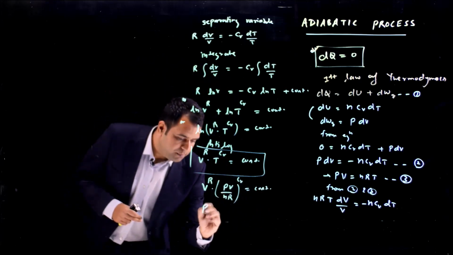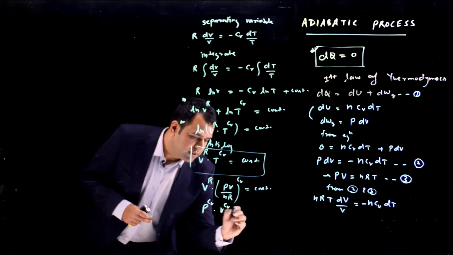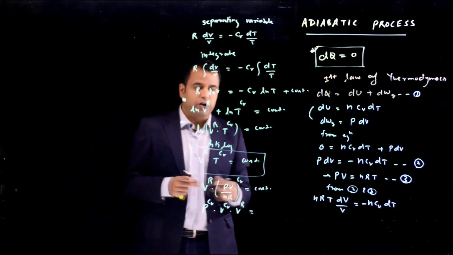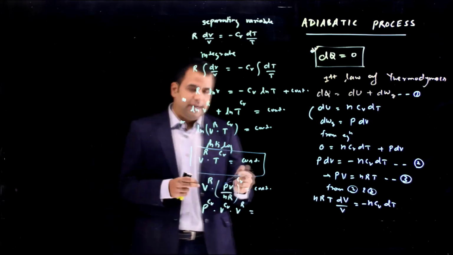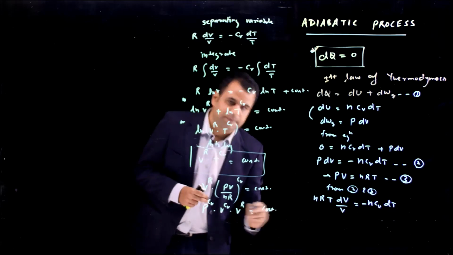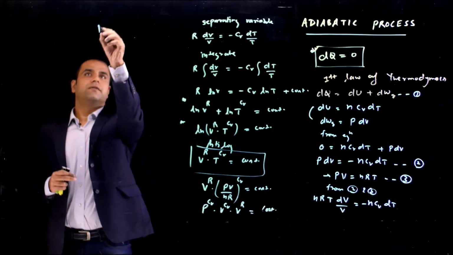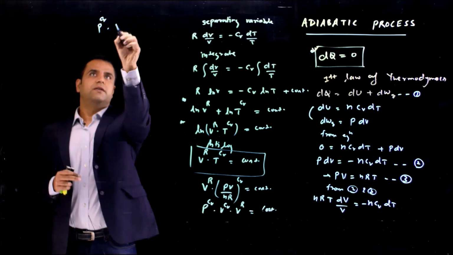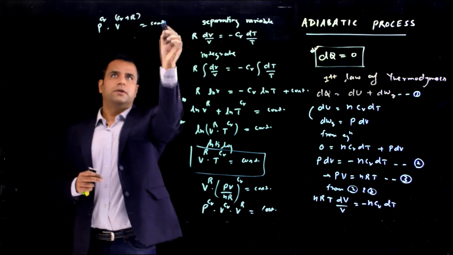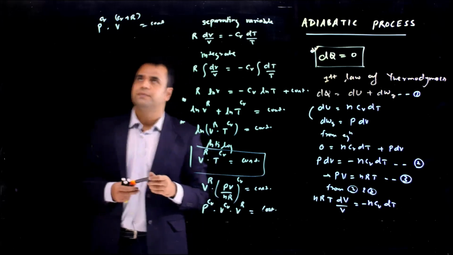It will be P to the power Cv, V to the power Cv, and V to the power R is equal to a constant, because n and R are already constant for a closed system, and Cv is also constant, so these values will go there and we'll have some different constant. Let's combine these. We'll have P to the power Cv, V to the power Cv plus R is equal to constant. So powers get added up.